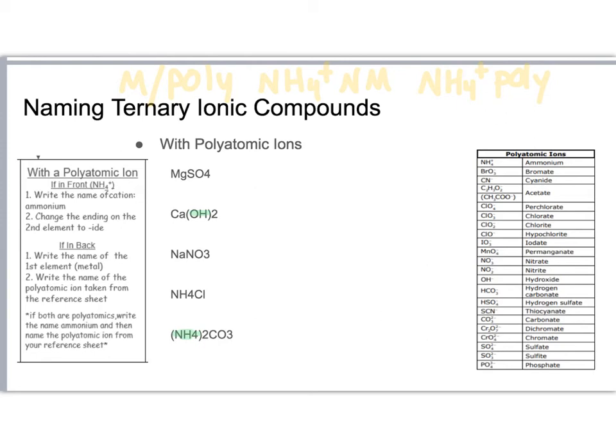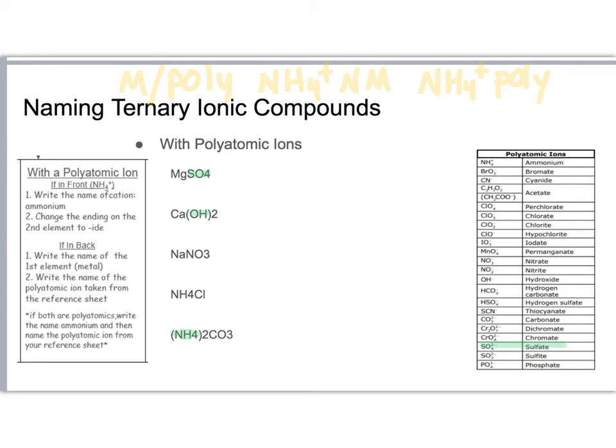If a chemical formula does not have a parentheses, then we would look for 2 capital letters sitting next to each other. So in our first example, you can see that in the back we have capital S and capital O, and if we come on over to the reference sheet, you will see that that correlates to the sulfate polyatomic ion.